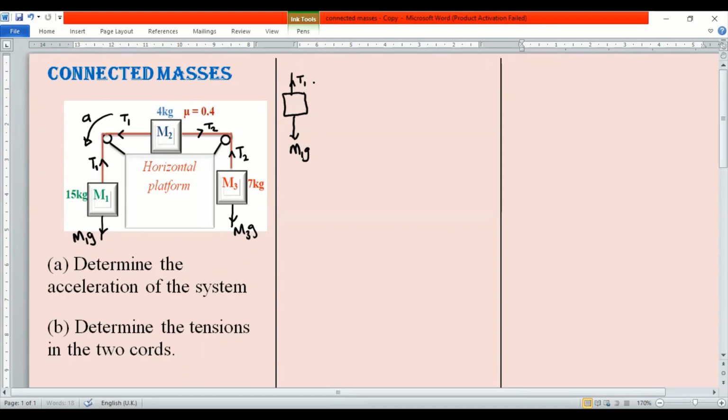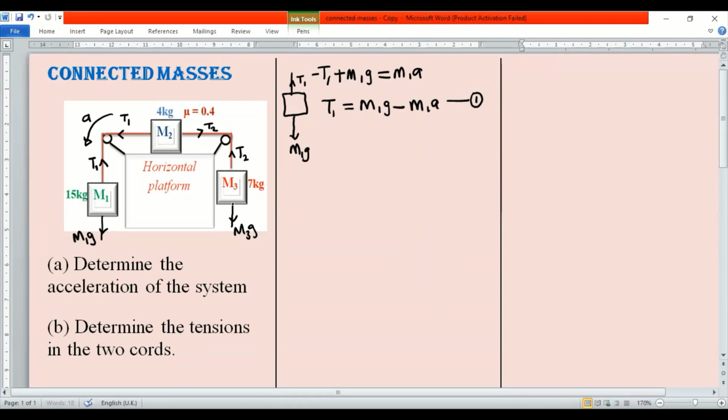So with this, the force balance for this: since it moves downward, we have negative T1 plus M1G equals M1A. And if we make the tension the subject here, T1 equals, when you take it to the other side, M1G minus M1A. You can call this equation 1.